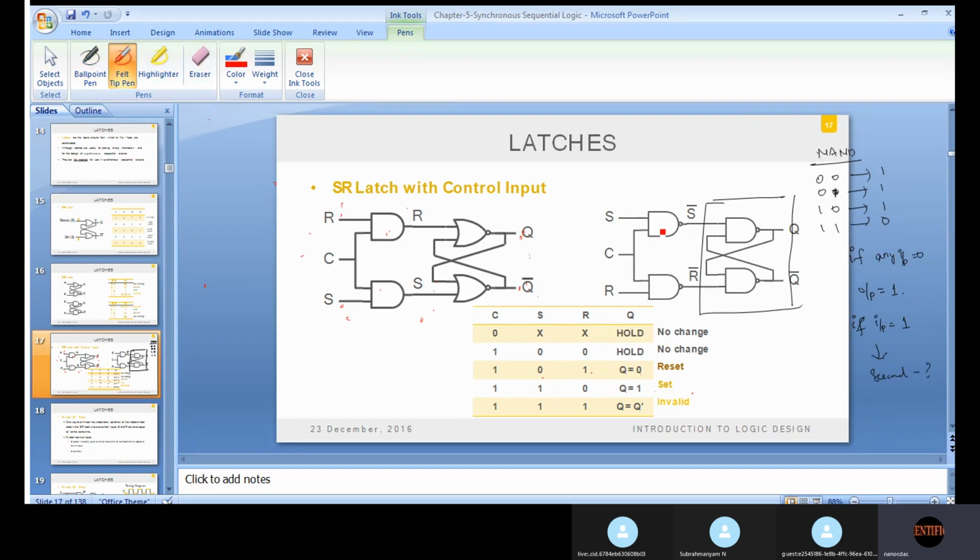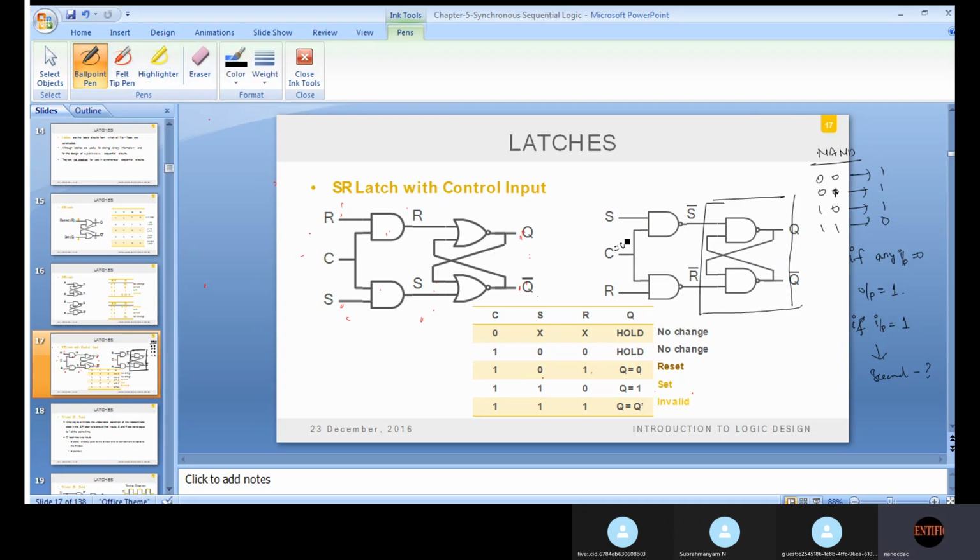Now look, here S bar and R bar are taken. For the control input also we have taken C here. Now we have taken NAND gates. So let's see this one.